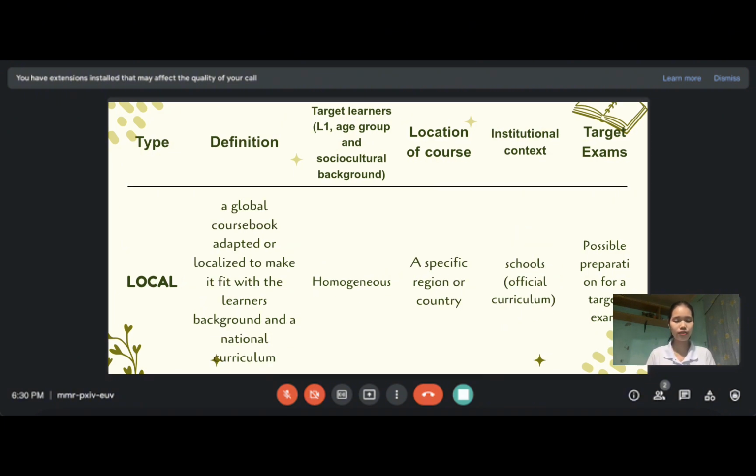And now, for the local, it is only homogeneous. An example of this is the Filipino learners. They have the same first language and culture.